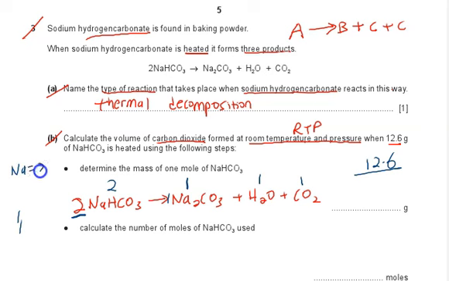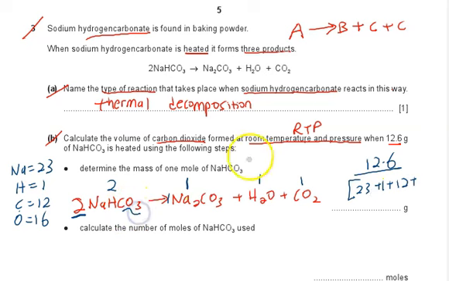Sodium is 23, hydrogen is 1, carbon is 12, and oxygen is 16. So the addition here will be 23 plus 1 plus 12, and oxygen we have 3, which gives a total of 48.